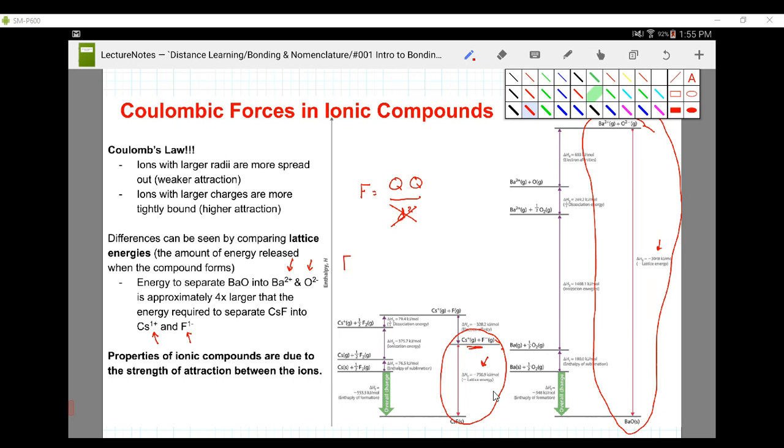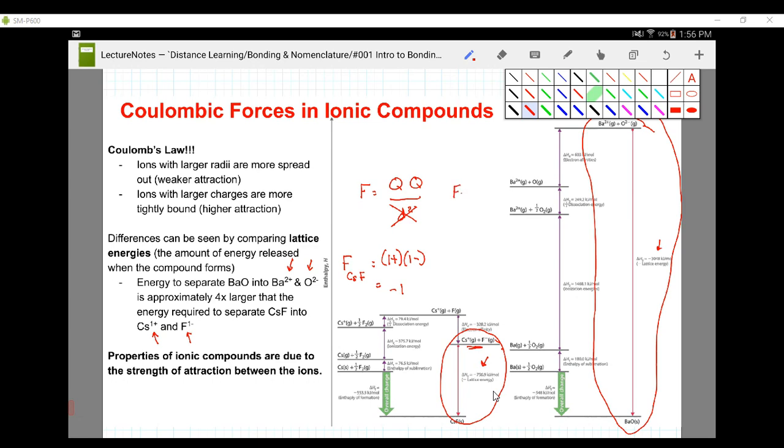Well, the force for cesium and fluorine then: we had a +1 charge on the cesium and a 1- charge on the fluorine. So we have a charge of -1, meaning that the negative sign means that it pulls together.